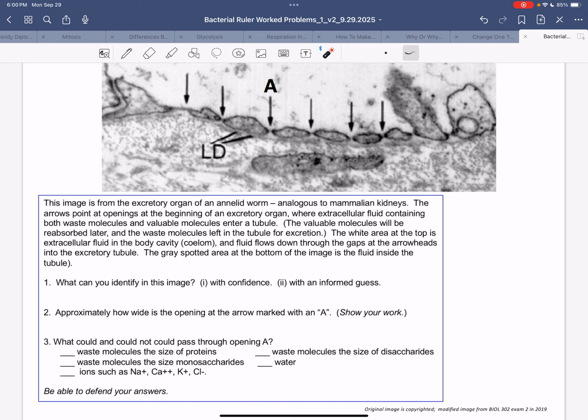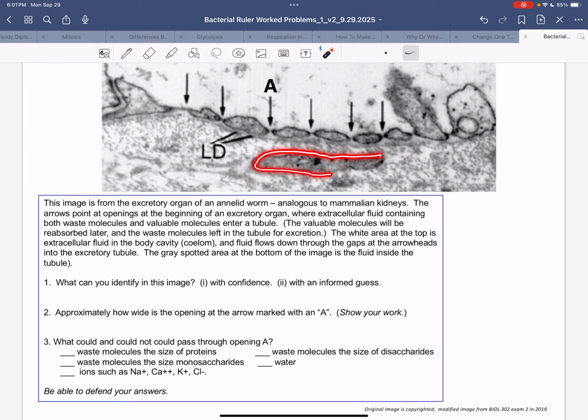Okay, so what can you identify in this image? You can identify the membranes. There may be or may not be a hint of another membrane here. It's hard to tell. These are membranes, and so presumably this is extracellular fluid, this is fluid with wastes that has entered, and so all you really have is these membranes.